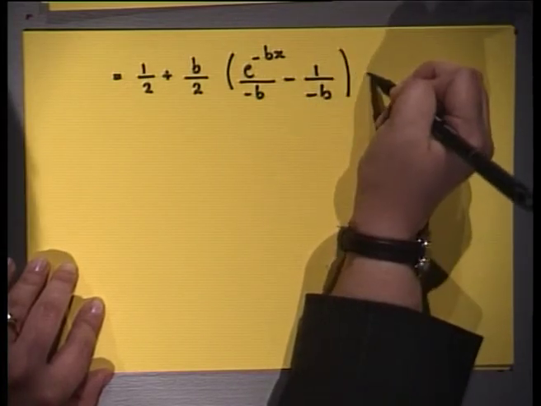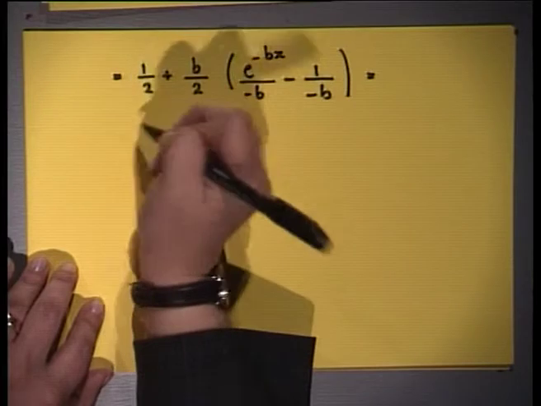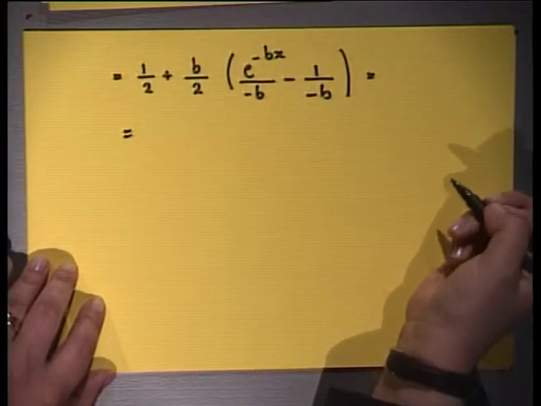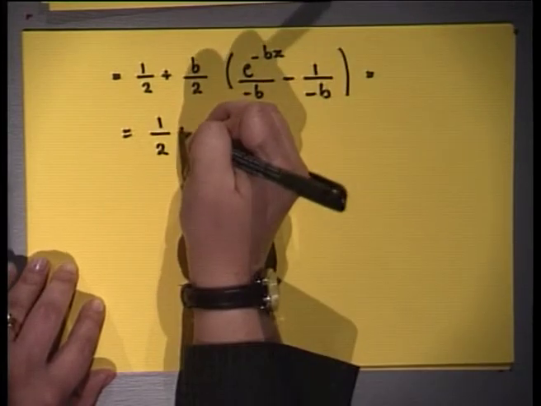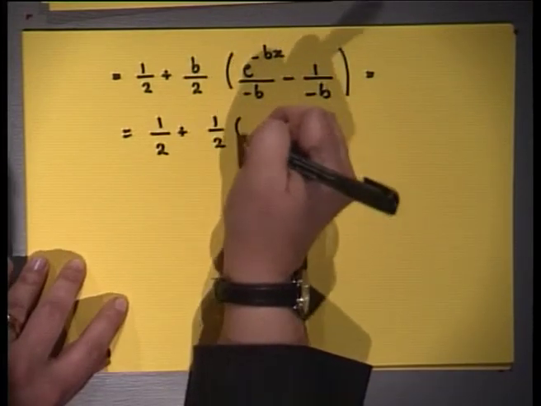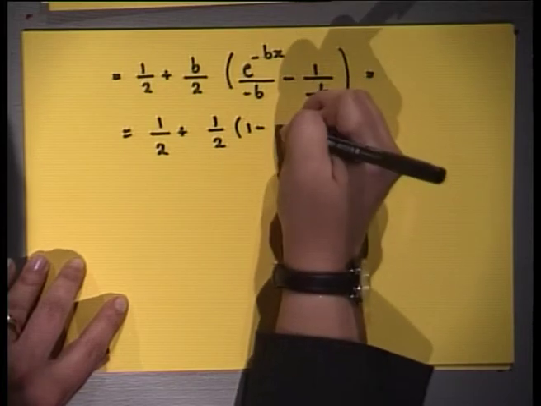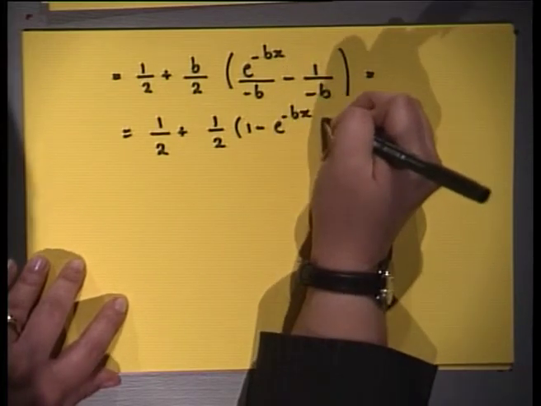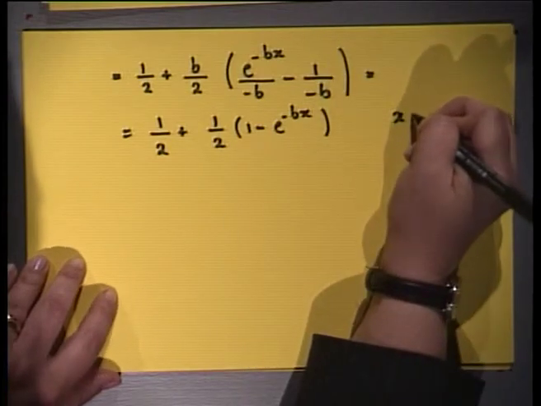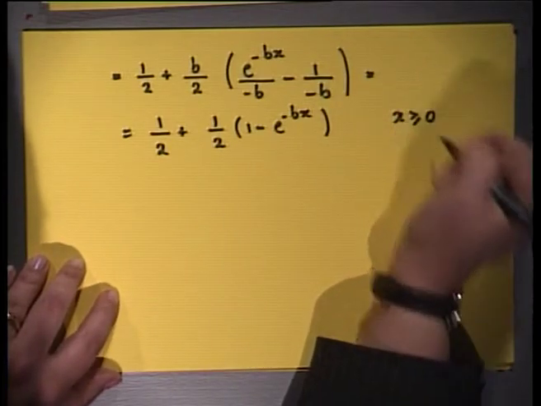And if we do the calculations, we can find that it is half plus half times 1 minus e to the minus b x for x greater or equal to 0.